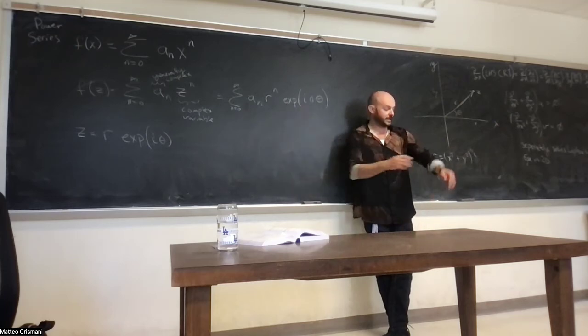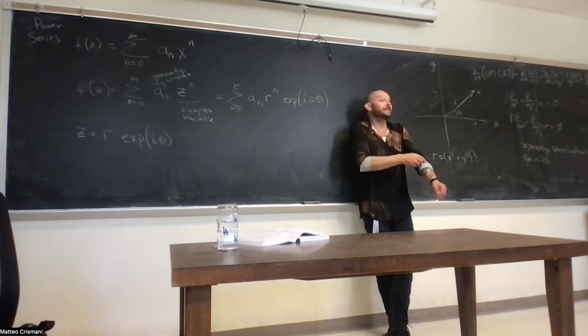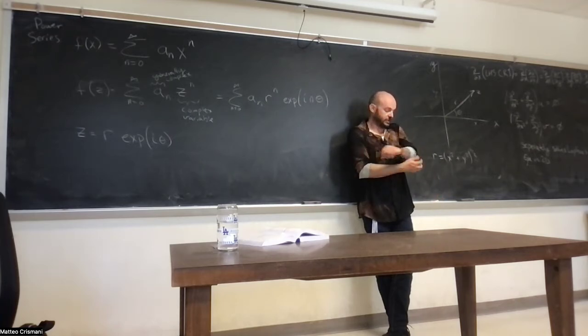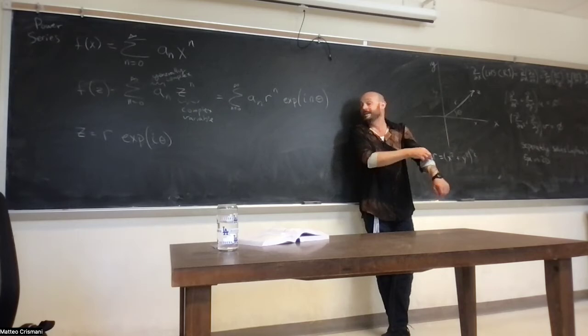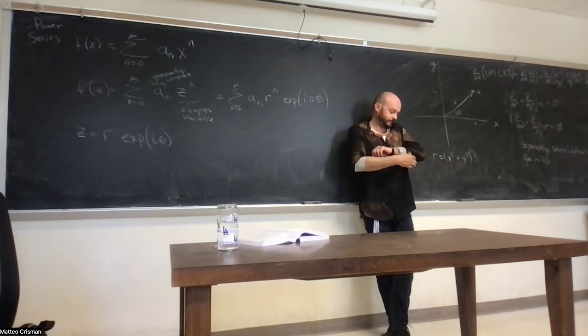So what are the values that a circle can have? Radius 1, good. You can't get outside of that radius 1, so we can ignore the e to the i n theta in terms of convergence. So what do I have to know in order to know if this series converges?